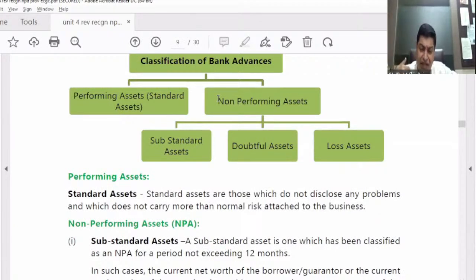Because, sir, if today I think that gentleman will not pay me the money, then according to my logic and my estimate, that borrower may become a bad debt in future. Then, as per conservatism and prudence, if there is a doubtful debt, we need to create a reserve or provision, which is known as bad debt reserve or provision for doubtful debt, depending on the uncertainty, 10%, 20%, whatever.